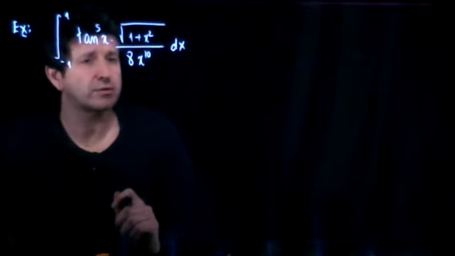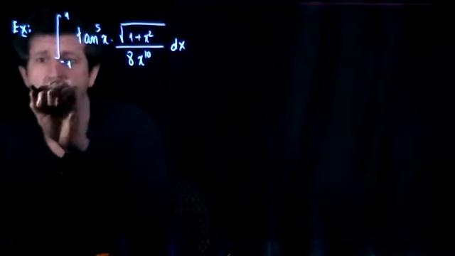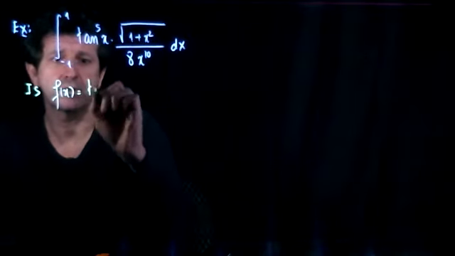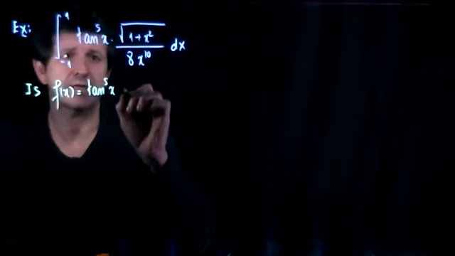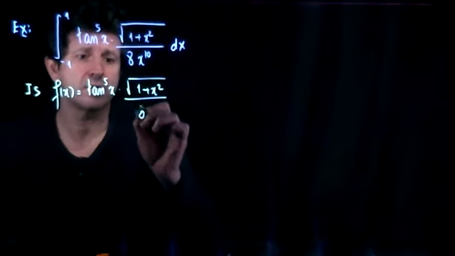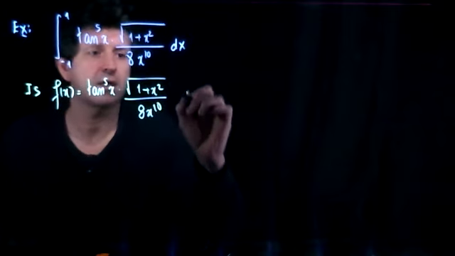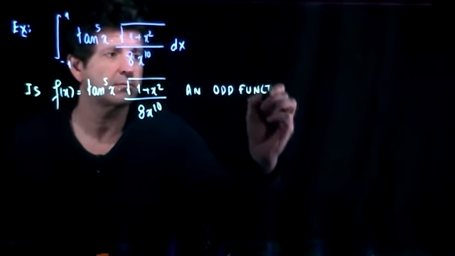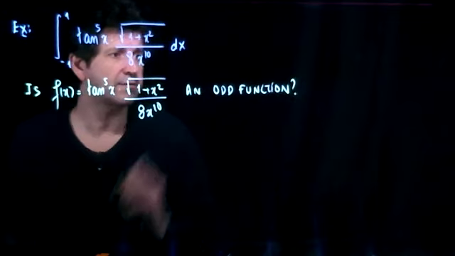So let's see if it's odd. Okay, so is f of x equals tan^5 x times the square root of 1 plus x squared over 8x^10 an odd function? That's what I ask myself.